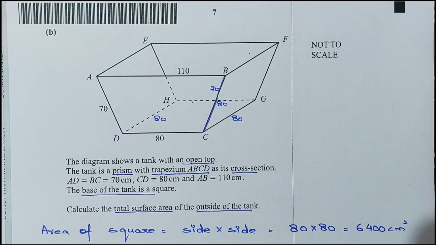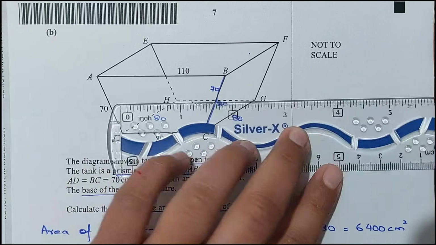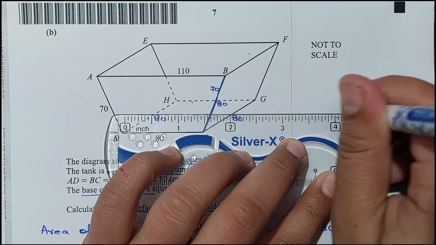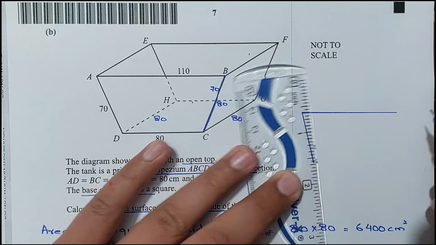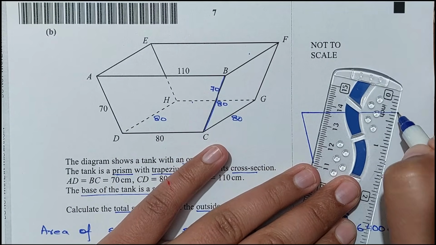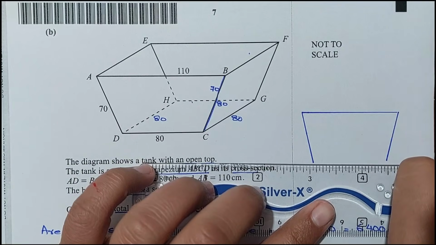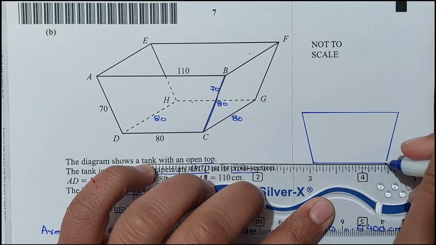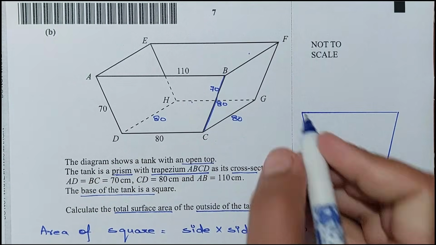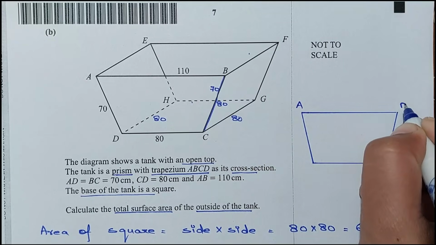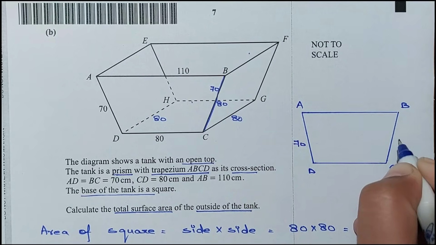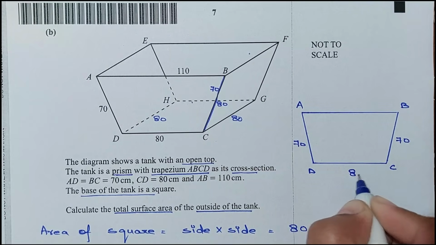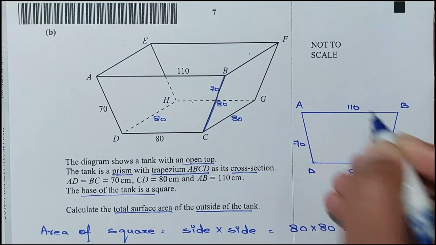All right, let me draw this trapezium separately over here to make the situation more understandable for you guys. So this is a trapezium A, B, C, and D. This is 70, this is 70, this is 80, and this is 110.